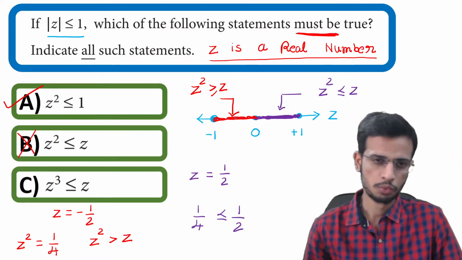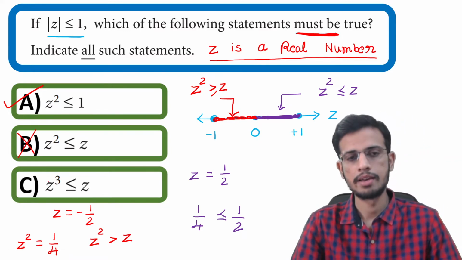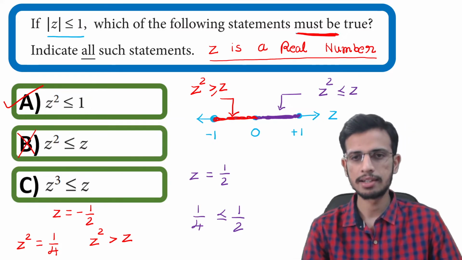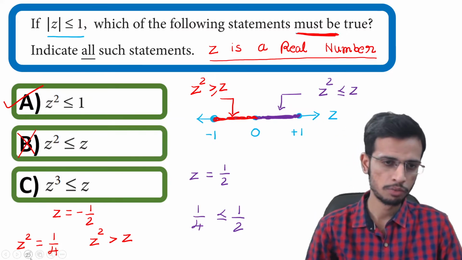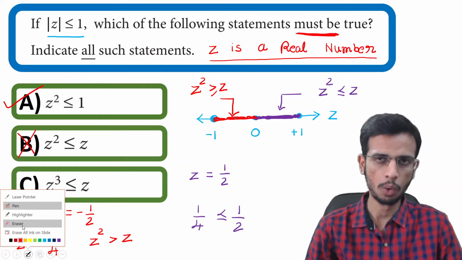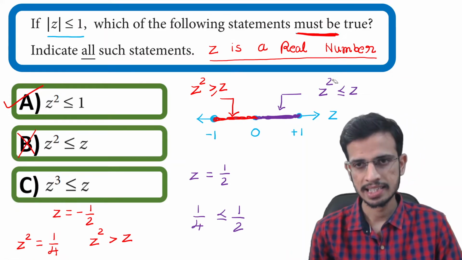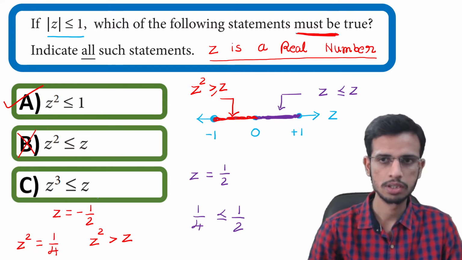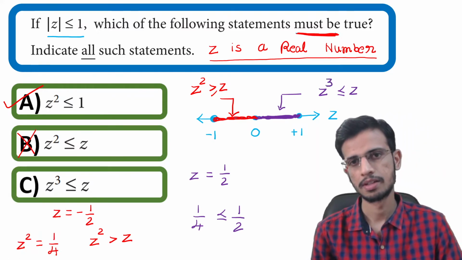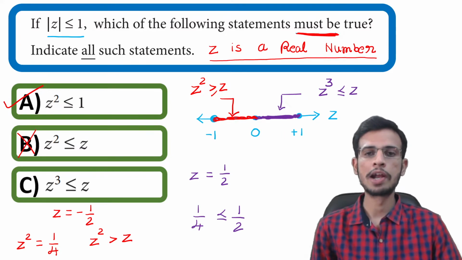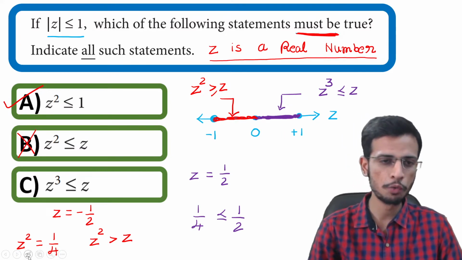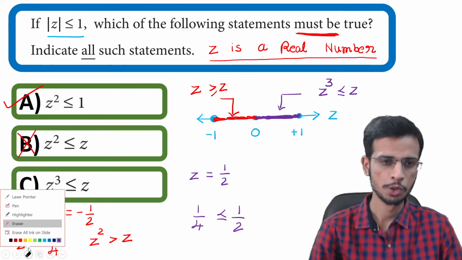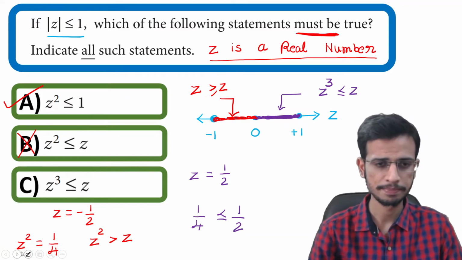Alright, for option C, z cube is less than or equal to z. For the purple part, for all the values of z, z cube will be less than or equal to z. But for values lying in the red portion, z cube will be greater than or equal to z. You can check by putting values.